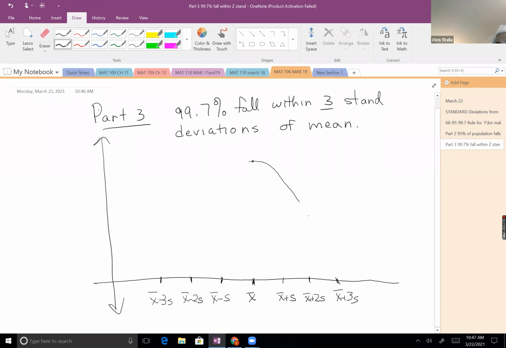My curve is going to go down on either side, kind of symmetrically. Oh, I made that too high. I apologize, guys. I want to draw a lot of stuff above it.